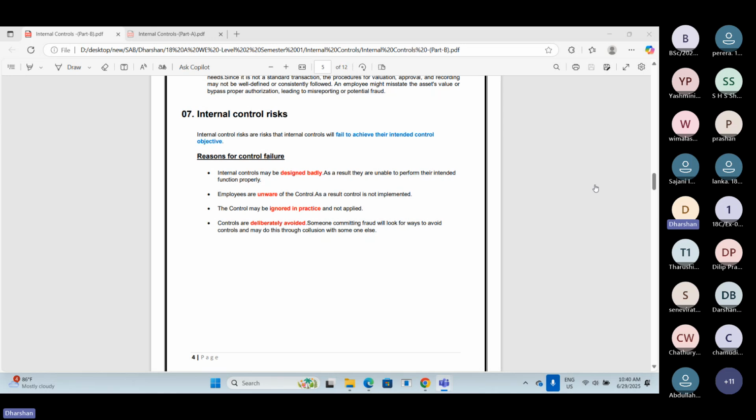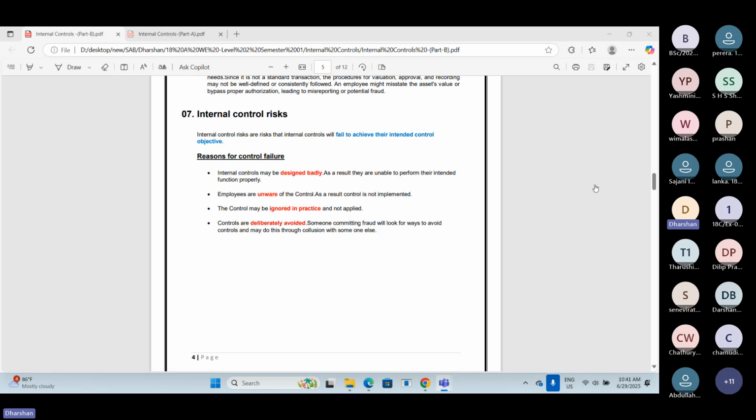What is meant by designed badly? These things we will discuss in detail under deficiency, which I will come to later, as the last topic but one. Don't misunderstand: it does not mean the internal control is not designed. Here the internal control is designed, but it has not achieved its intended objective.